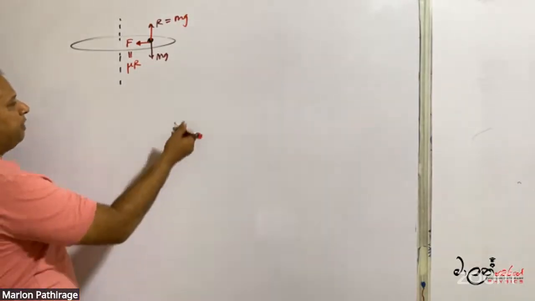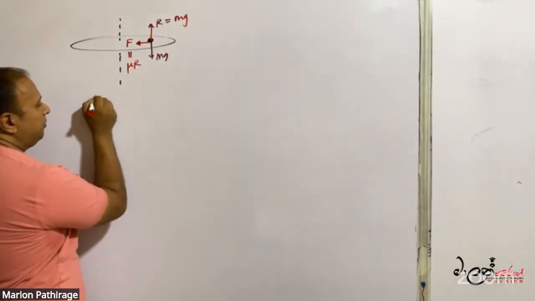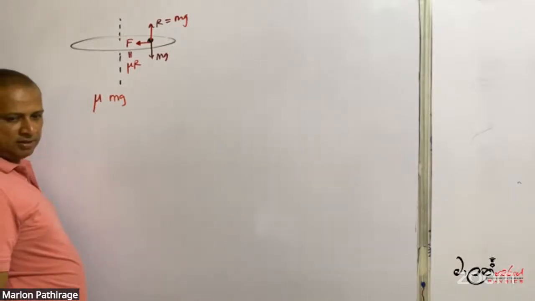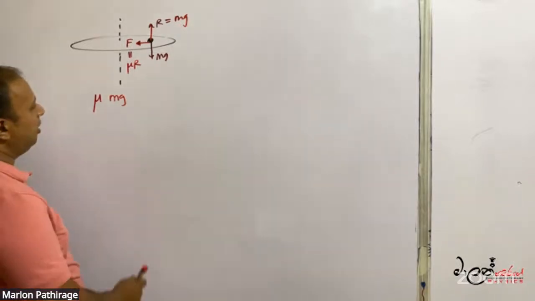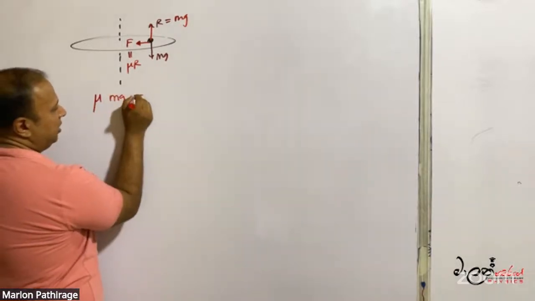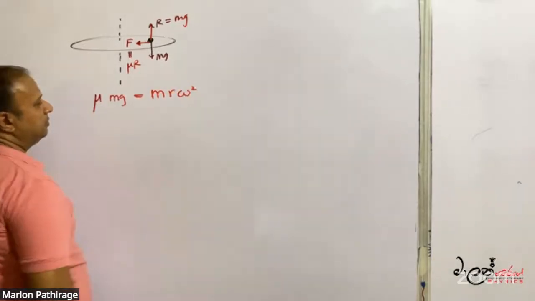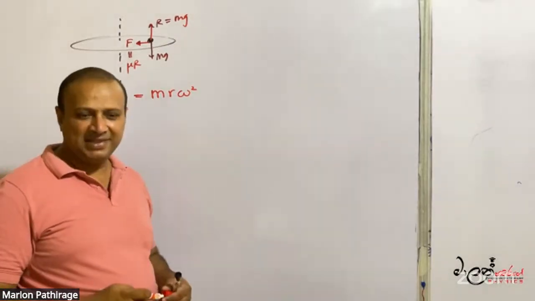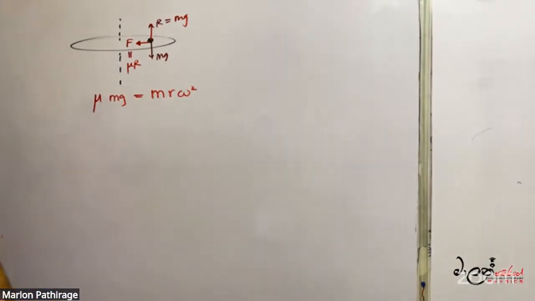If you apply F equals ma towards the center, mu mg is equal to m r omega squared. Is that clear? If it is clear, please raise your hand.